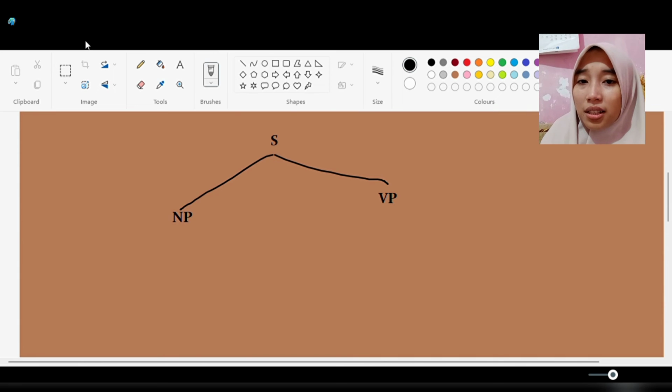So this is basically how you draw tree structure, but let's take the idea a little bit further by showing how tree structure can actually distinguish meanings in structurally ambiguous utterances. Structural ambiguity arises when you have one sentence that leads to two possible meanings.